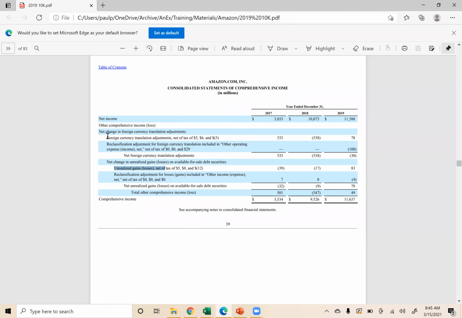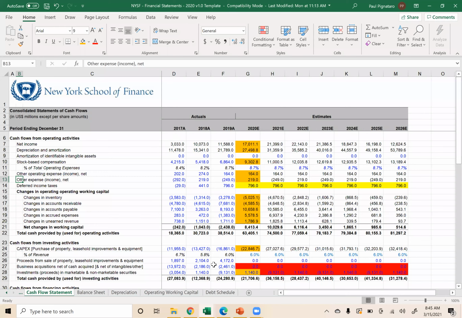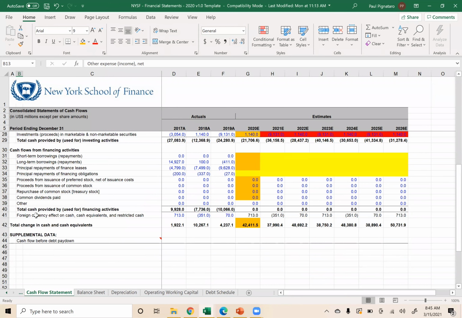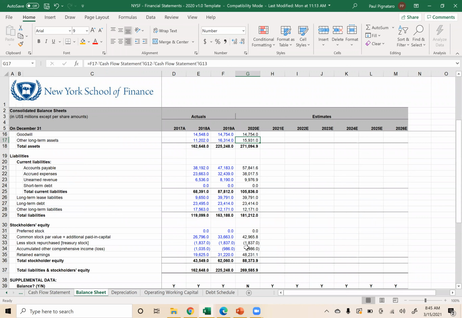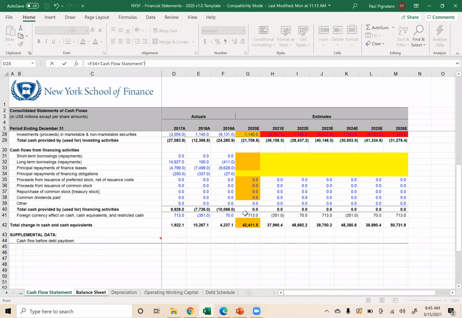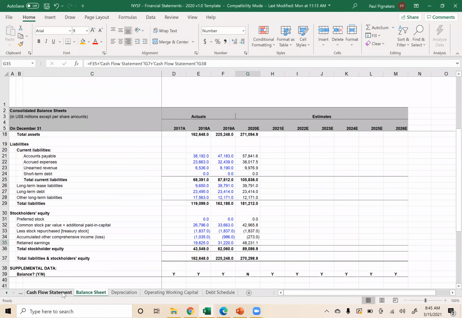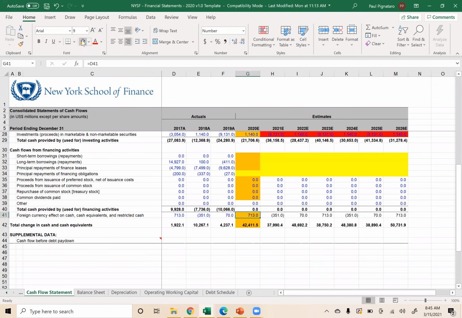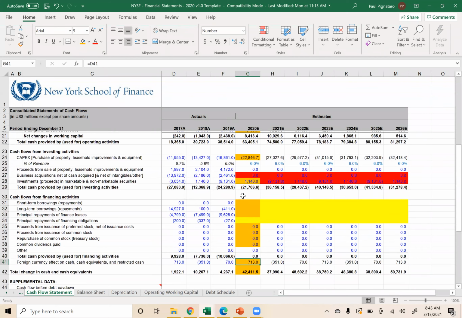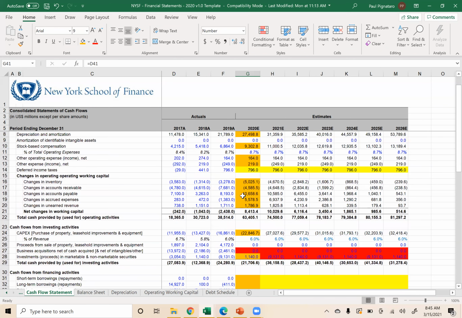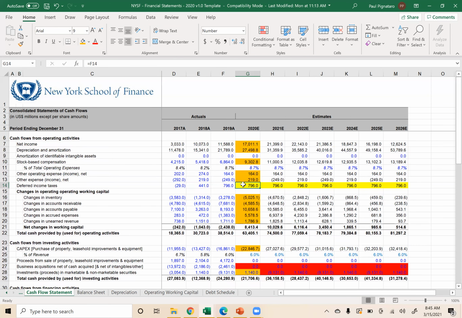Now, foreign currency translation adjustments will be linked into other comprehensive income. So other comprehensive income equals the year before plus cash flow statement foreign currency transaction adjustments. Okay. So we've pretty much captured everything. Deferred taxes.